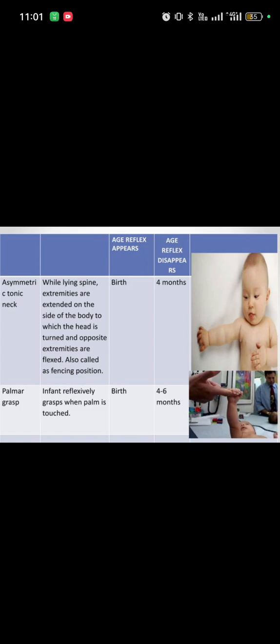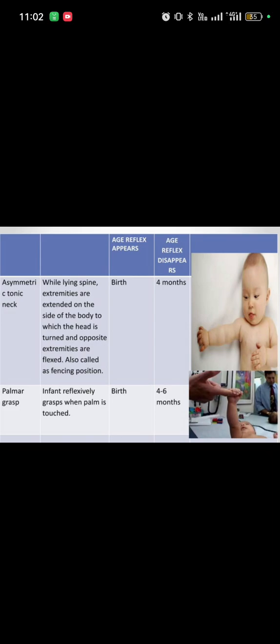Next, the asymmetric tonic neck reflex. It means when infants are lying on the back, the extremities on one side are extended. Where one side of the extremity is extended, the head of the child also turns towards that side, and the other side's extremities are flexed.